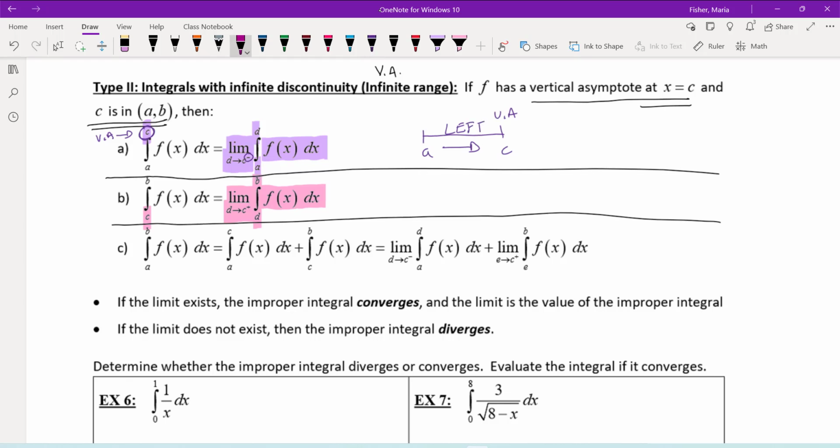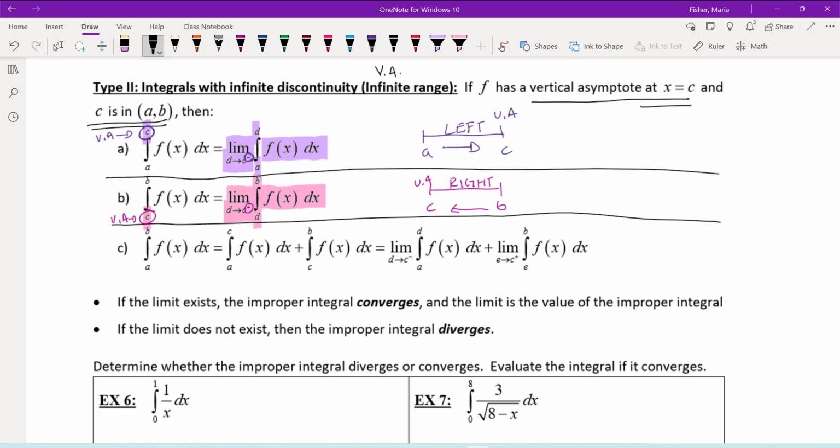And here, if your vertical asymptote is your lower limit of integration, so you're going from c to b, the only way to approach that vertical asymptote is from numbers that are bigger than c, or from the right. So that's how you know whether to write the little plus sign for from the right or the little minus sign for from the left.